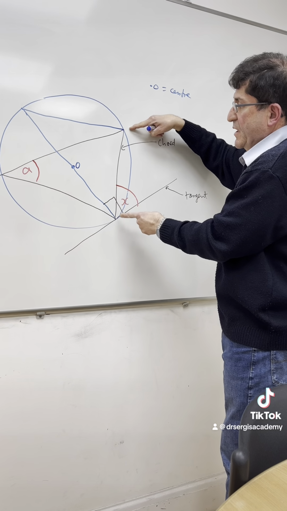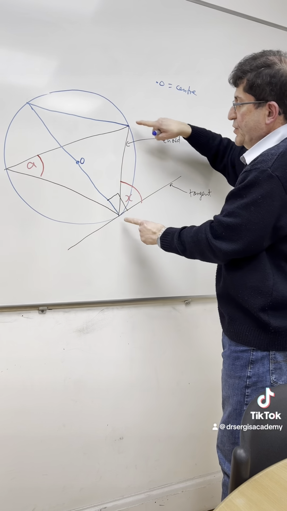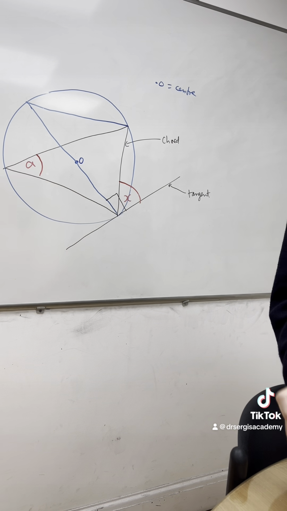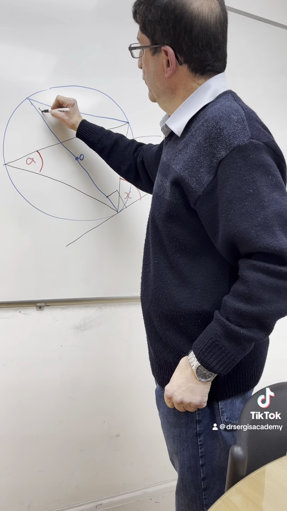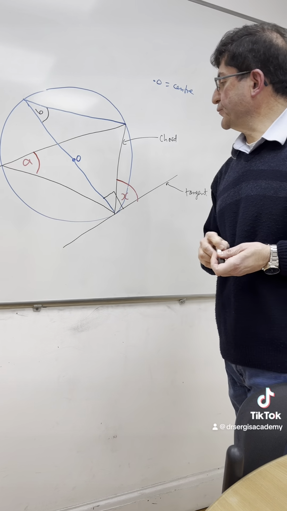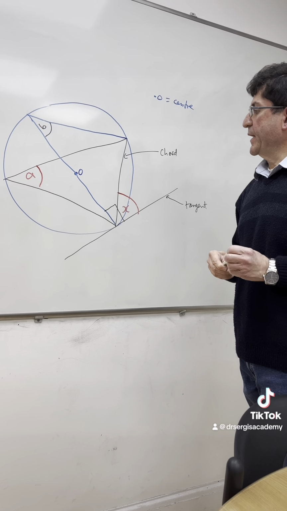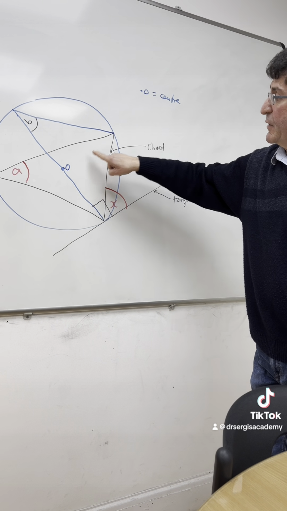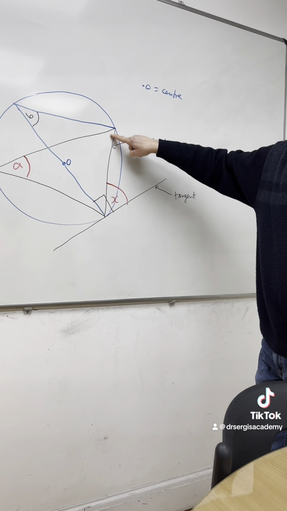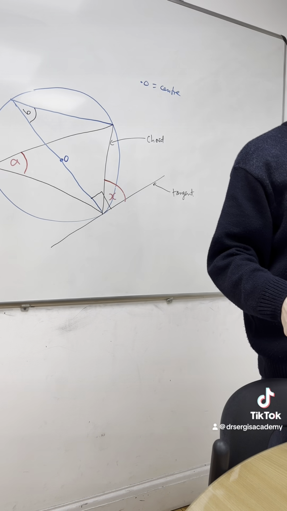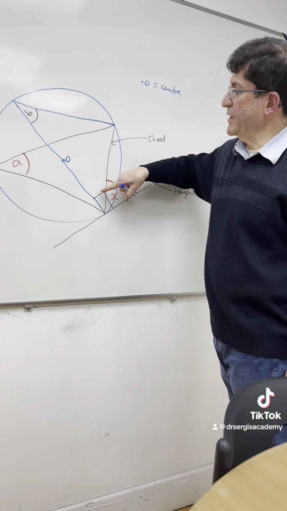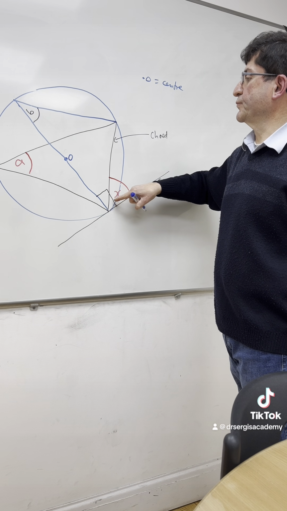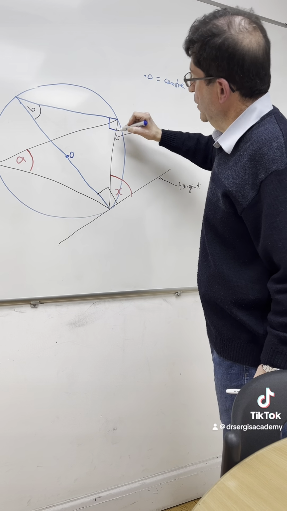Just like this chord subtends an angle A, it also can subtend an angle, let's call it B. Let's find what that angle is. Now we know the diameter subtends an angle 90 degrees at the circumference. And I proved this from one of my earlier circle theorems. So we know that's 90 degrees.